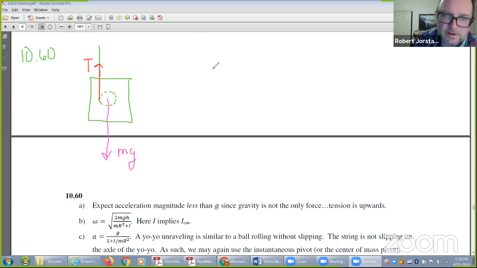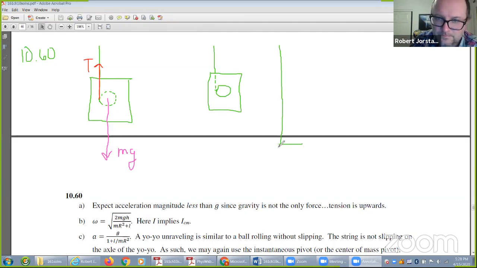If I'm doing the energy picture, here it is right here, versus here. In this case, I need a height, right?